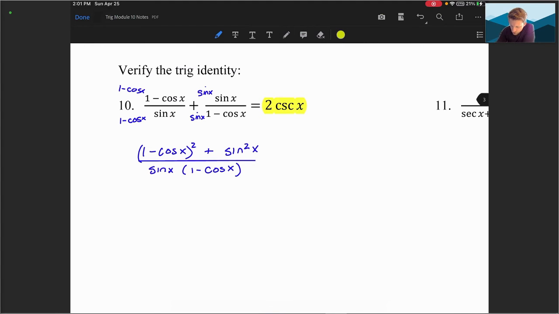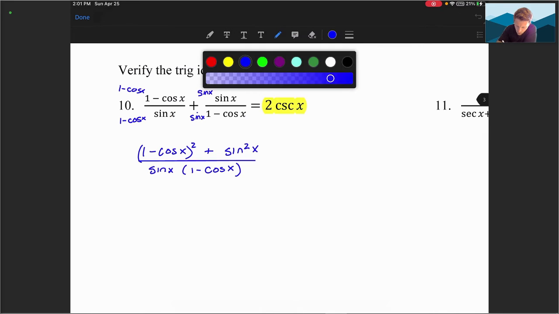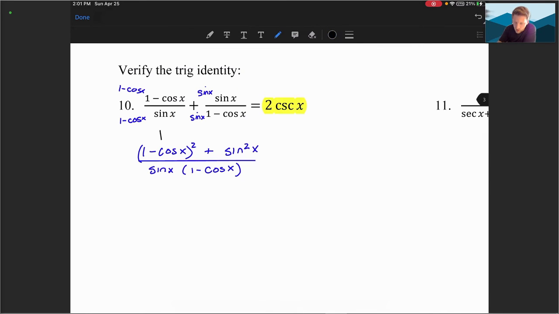Okay, so I have a little bit of a problem to work out here. I want to square or FOIL out the 1 minus cosine x quantity squared. So let's do that first and see where that takes us. If I square this, it'll be 1, and then minus 2 cosine x will be my cross term, and then if I take the product, minus cosine times minus cosine, we'll get cosine squared x.